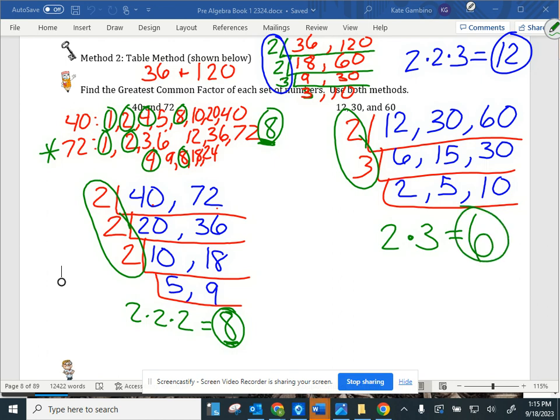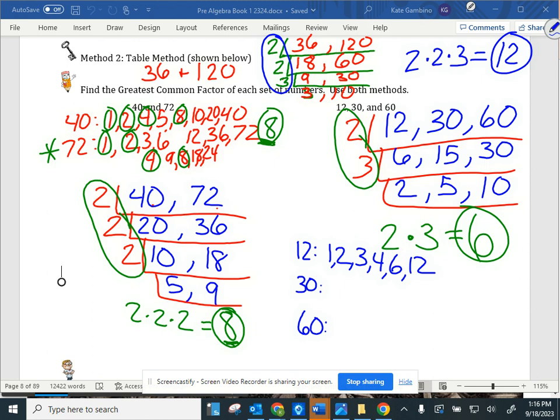So let's see if we do our listing, if we get 6 when we list them all out. So I have 12, 30, and 60. What are my factor buddies of 12? I've got 1 and 12, 2 and 6, 3 and 4.